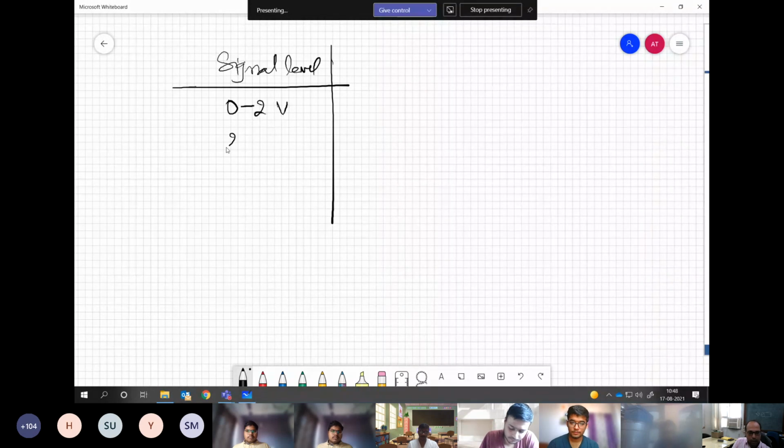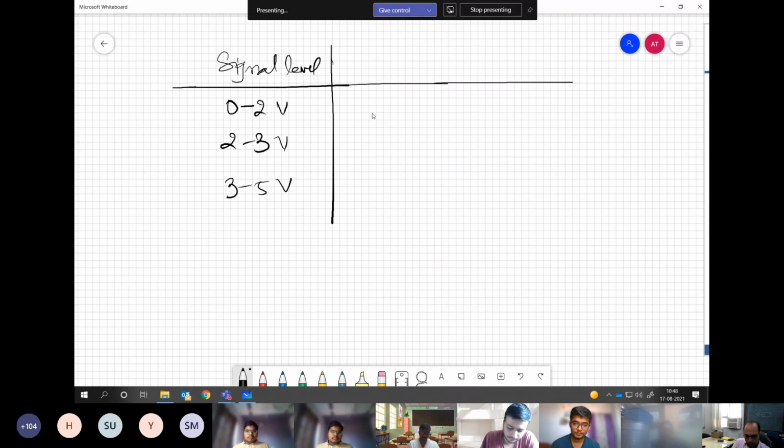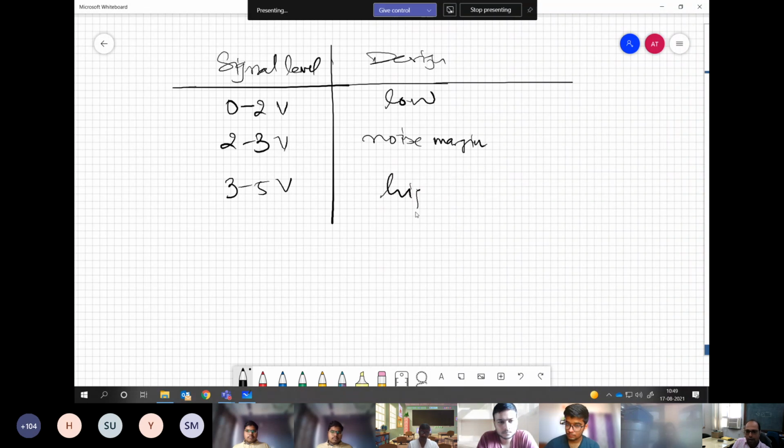There could be 3 levels: 0 to 2 volt, 2 to 3 volt, and 3 to 5 volts. The first state, 0 to 2 volt: any voltage between 0 and 2, we designate as low logic. Anything between 2 and 3, we say this is our noise margin. We do not consider it as either low or high. And any voltage between 3 and 5 we call high.